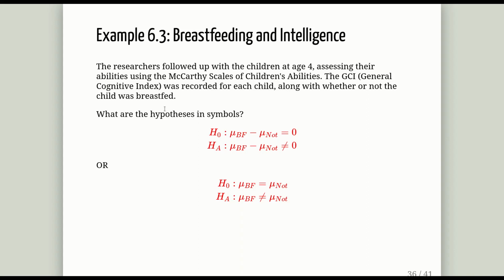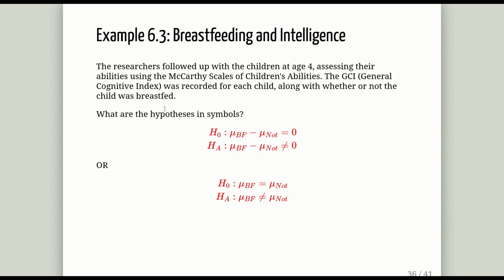I'm more fond of the little bit simpler hypothesis of the population mean GCI score of breastfed infants, so mu BF, is equal to mu naught, and the corresponding alternative hypothesis of population mean of breastfed infants is not equal to the population mean of not breastfed infants.